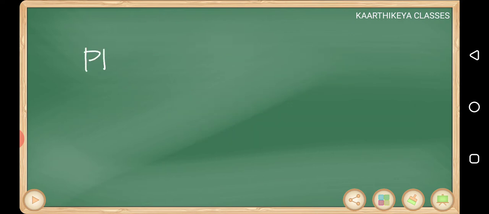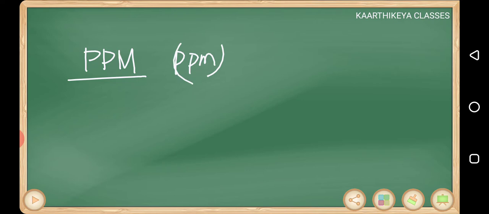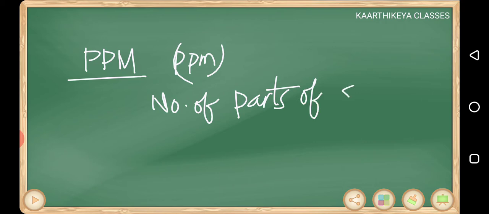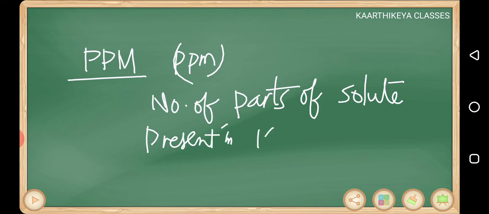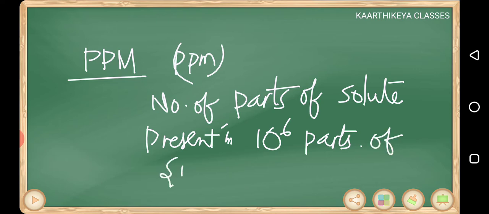Along with this, we have another one. We generally show ppm, parts per million: number of parts of solute present in 10 power 6 parts of solvent.